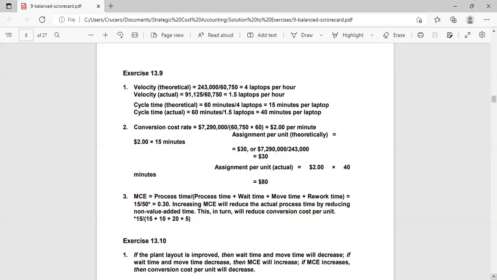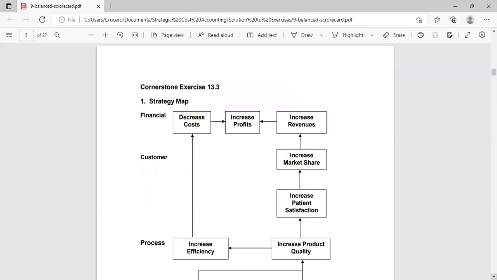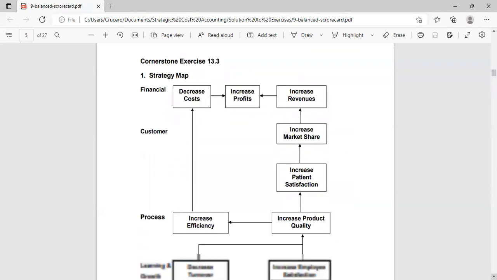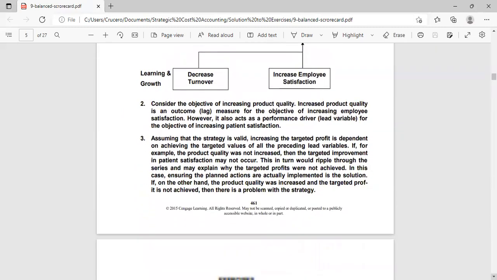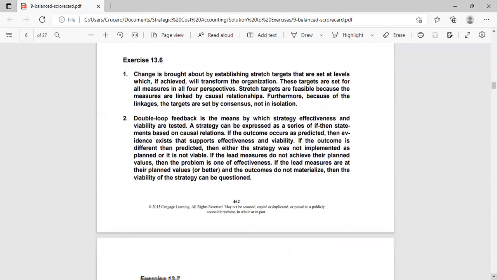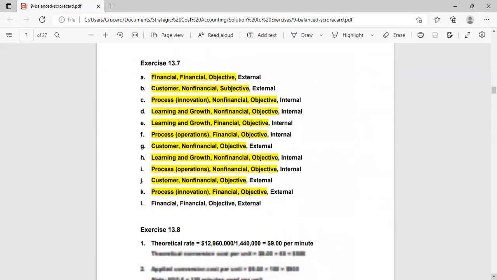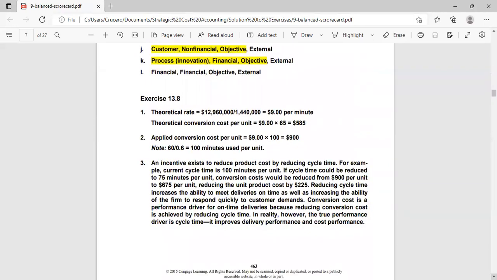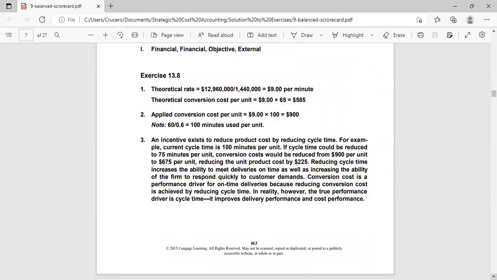So for 9-10, we have cycle time and velocity, using the data of problem 9. Here, we are going to use the previous problem, number 9, before we compute the answers in number 10.